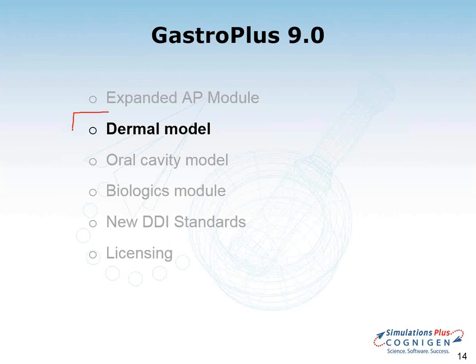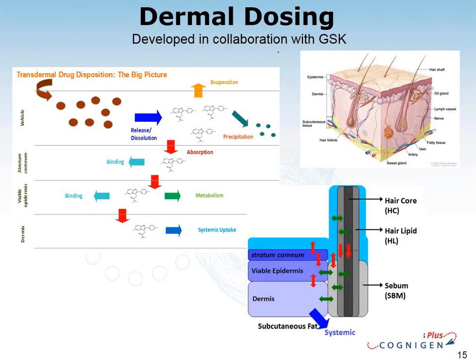Our next big improvement or big addition is the dermal model added to our additional dosage routes module. And again, we've made presentations and announcements on these modules a number of times. By now, everybody is probably aware of the fact that this was developed in collaboration with GSK. The main focus was on looking at the transdermal absorption.